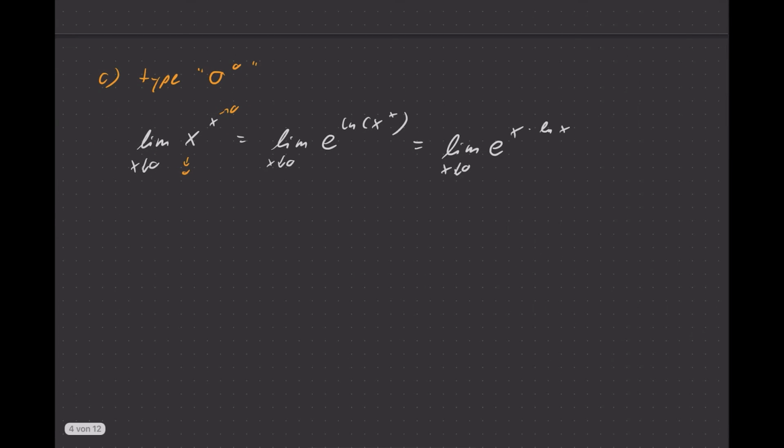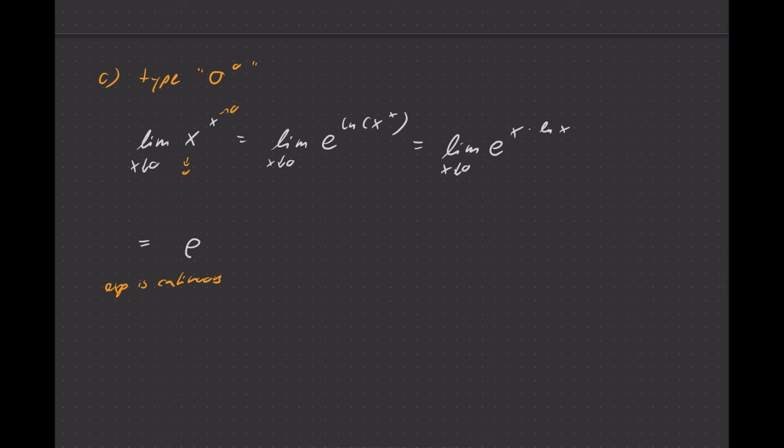And now one more thing. The exponential function is a continuous function. And that means this limit here is the same thing as taking the limit of the exponent and then applying the exponential function to that. So this is true because the exponential function is continuous.